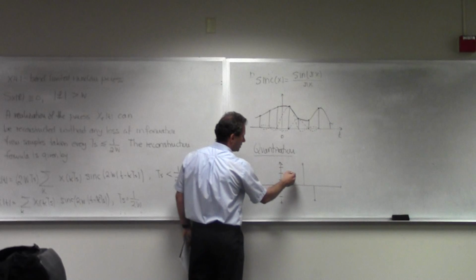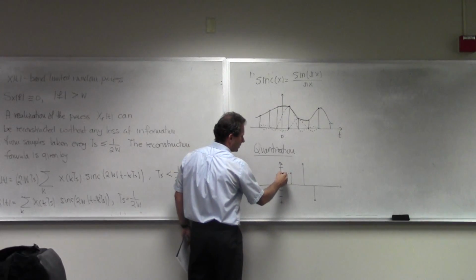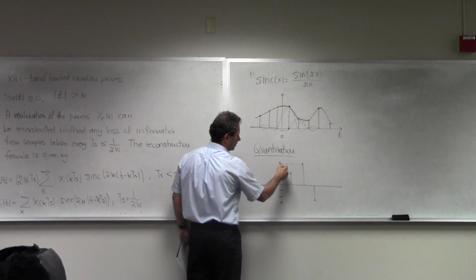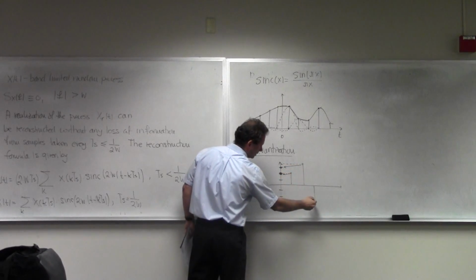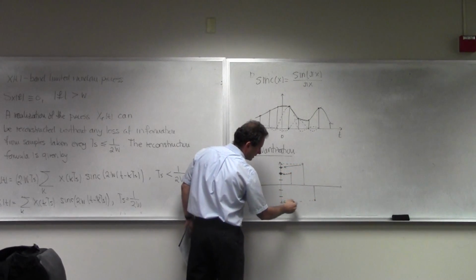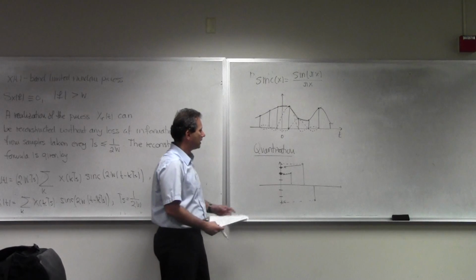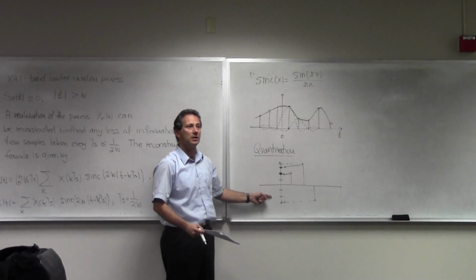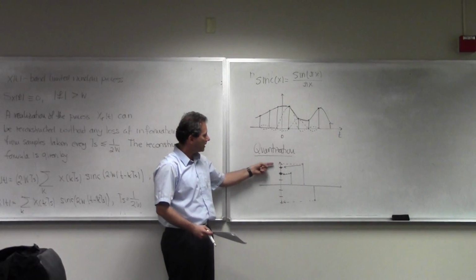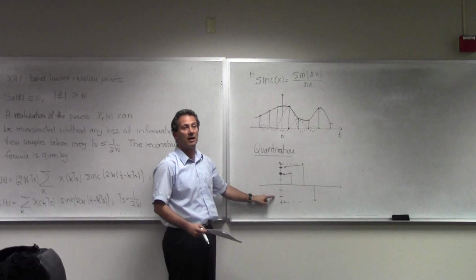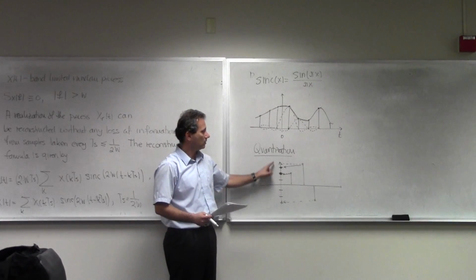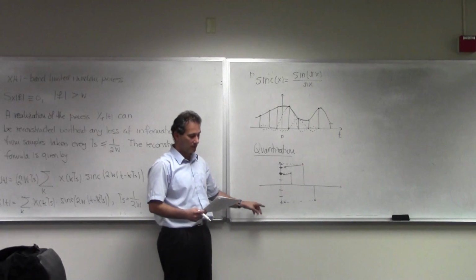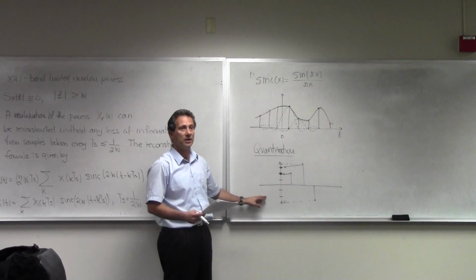I'm going to assign this to the nearest level here. This guy goes to this level, this one goes to this level, this one goes to this level here, right? So instead of having continuously many points along the y-axis, you're going to have a discrete number of allowed points, or intervals, along the y-axis. This process we call quantization.